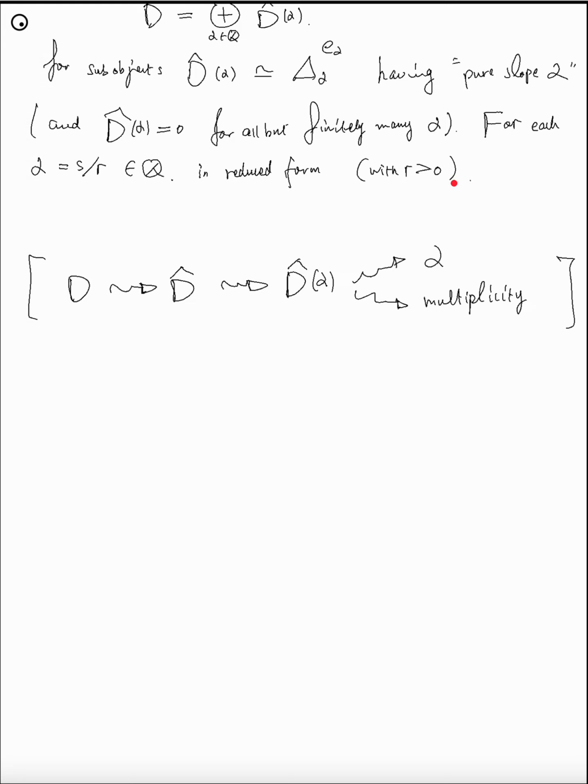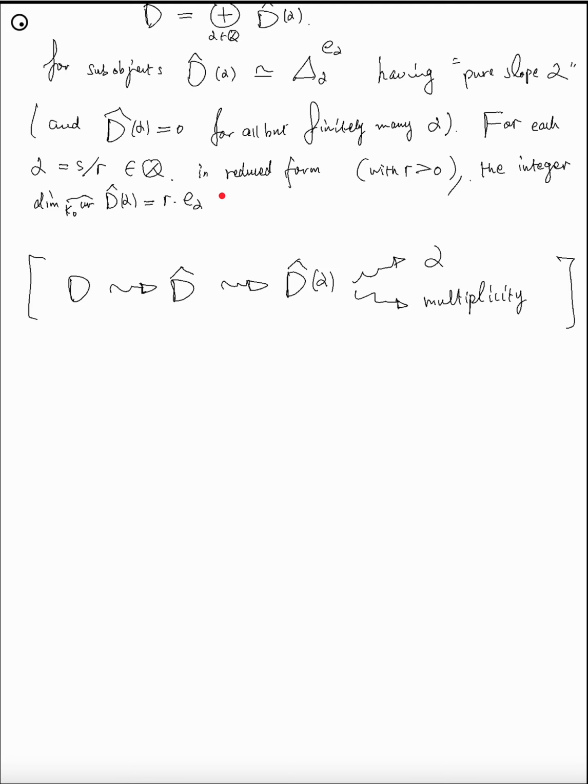Let's first mention that the integer dimension of D hat alpha equals r times e alpha.